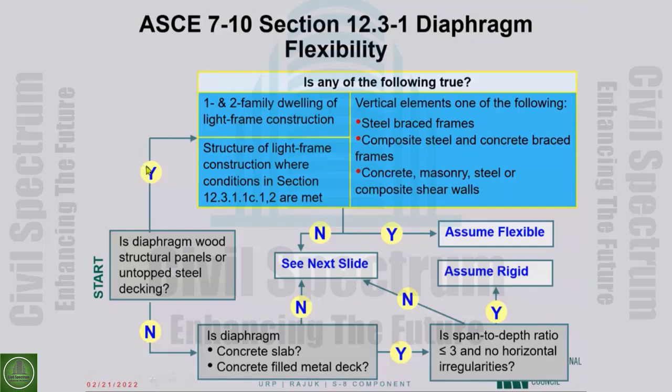My diaphragm is made of wood structural panels or untopped steel decking. Then the further question would be, is the diaphragm part of 1 and 2 family dwellings of light frame construction? You know light frame construction by now. If the answer is yes, then you can assume your diaphragm to be flexible.